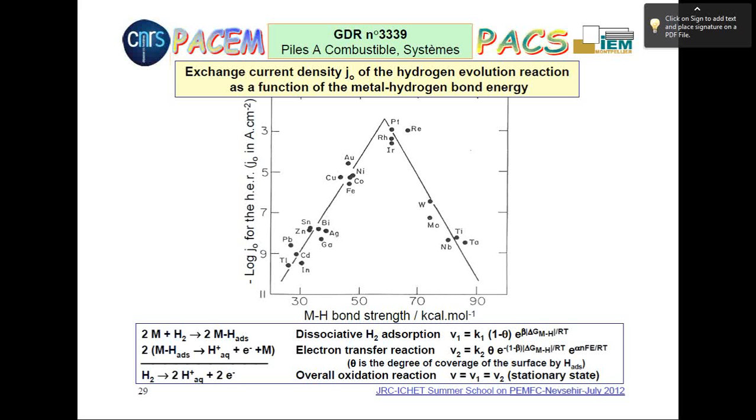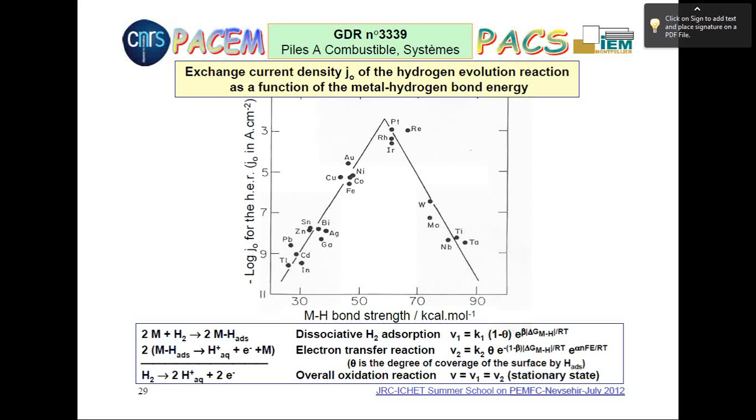So one of the main reactions, of course, is the hydrogen oxidation. In this graph, you have the exchange current density, the logarithm, versus the metal hydrogen bond energy. And you have the mechanism. So just now, to give you some idea, even for the most simple reaction, you have a mechanism in different steps.